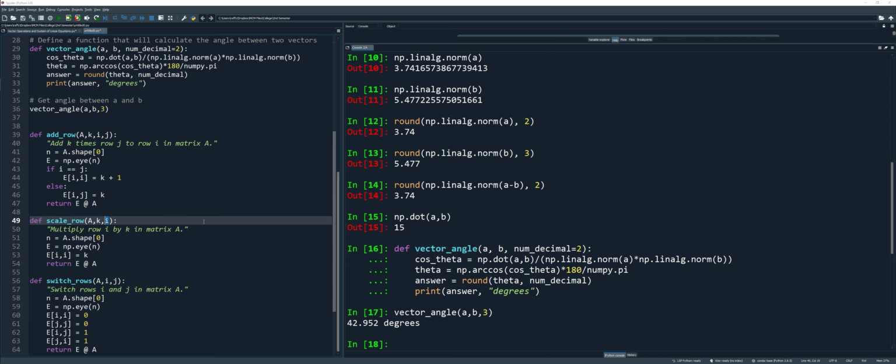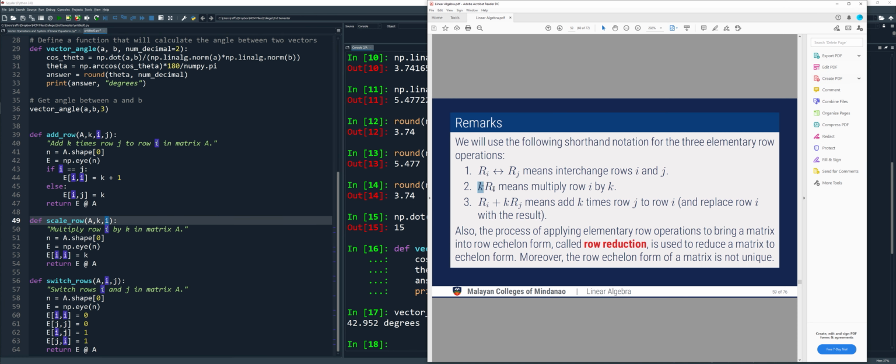And I here is the row. This one. For this elementary row operation, A is the matrix. K is the scalar or the number that you will multiply in row j. So I here is the row I, and j here is the row j.